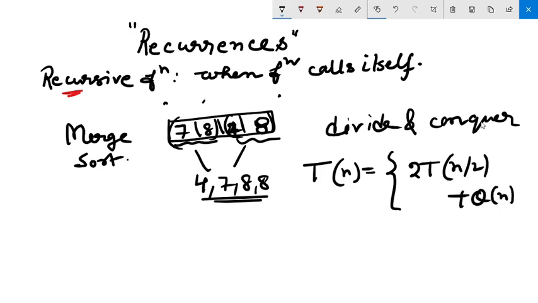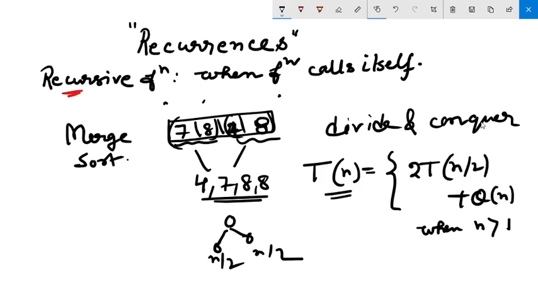Every time n is getting divided into two parts, that's why 2T(n/2), n/2, n/2. Every time it's getting divided, plus theta n, when n is greater than 1.